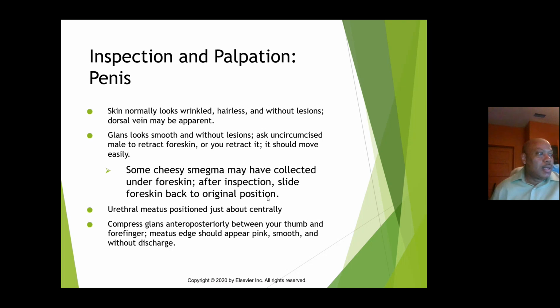Something really important here is that if someone is not circumcised, we would want to ask the uncircumcised male to retract their foreskin, and not do it for them, but allow them to do it. Sometimes we may have to, especially if they don't have the manual dexterity, but it should be done in a tender way.